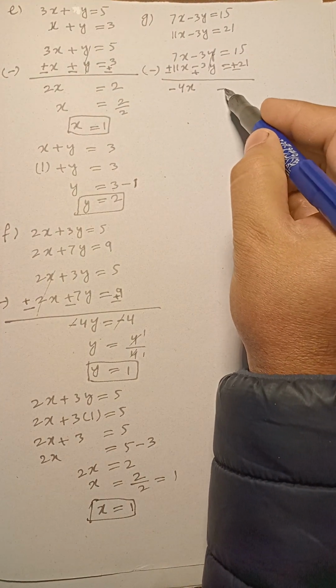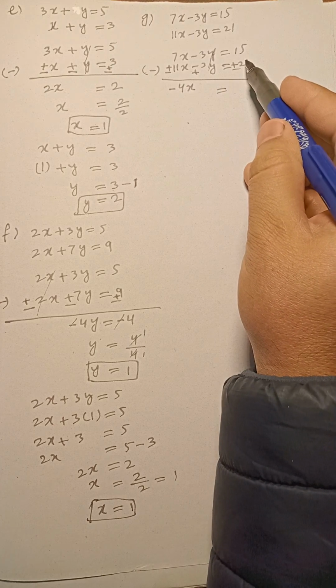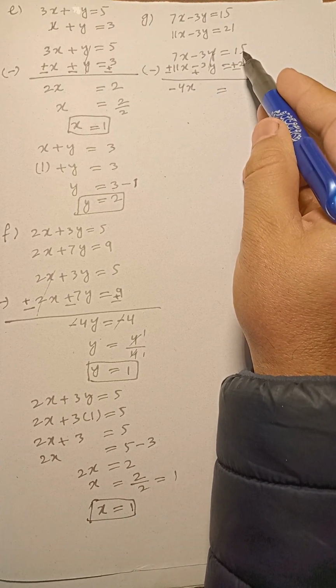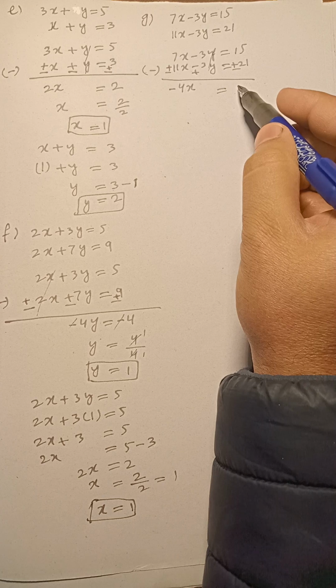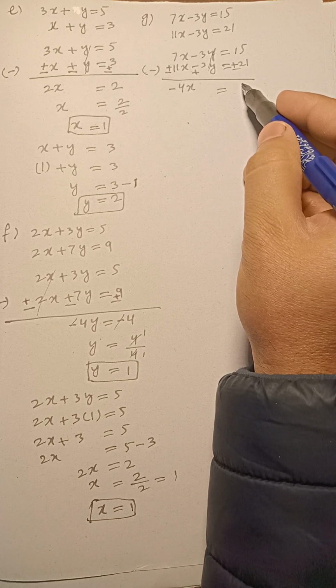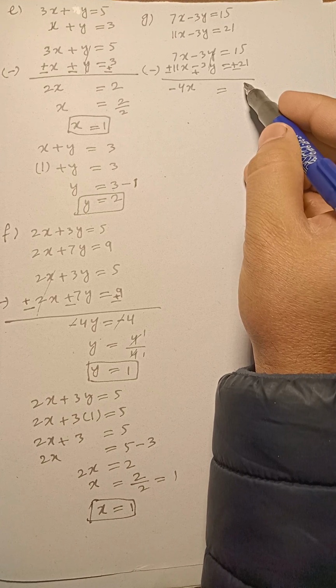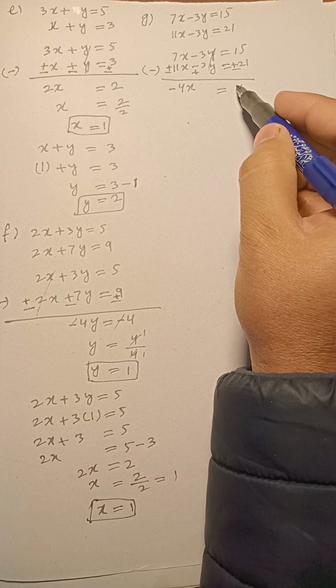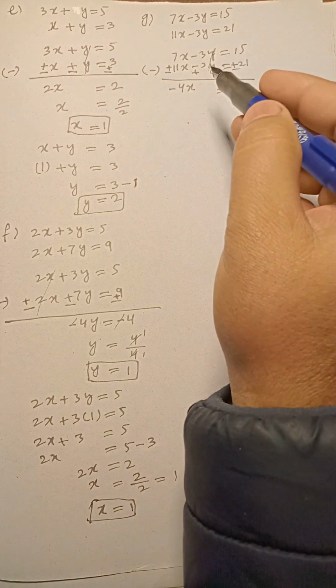And from here you see that minus 21, we will subtract it by 15, the answer is 6. When you remove 15 from 21, the answer is 6, and this is minus 6.